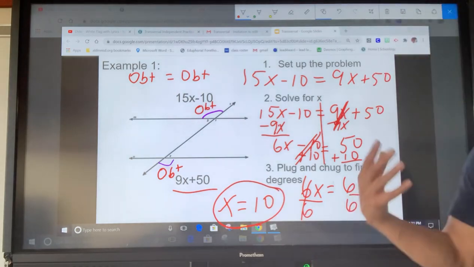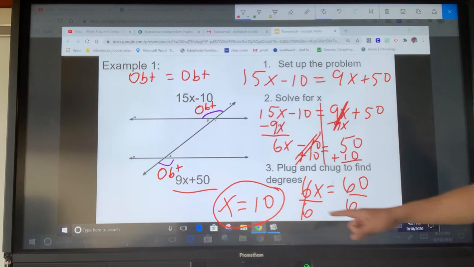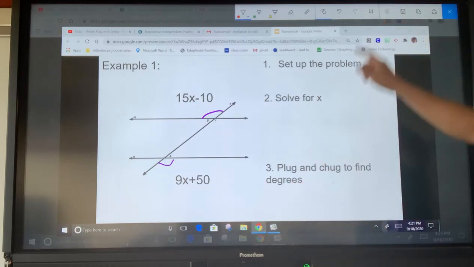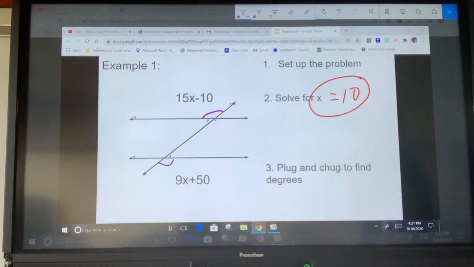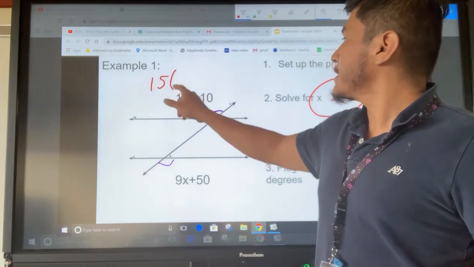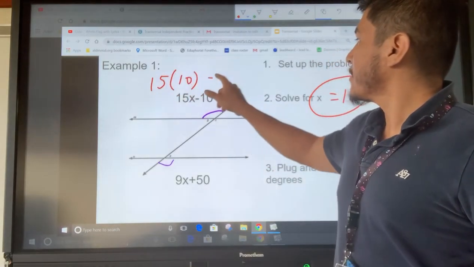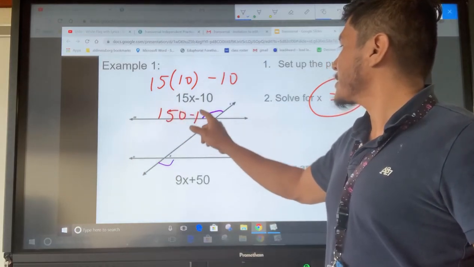Sometimes they're going to ask you to find x, sometimes they're going to say, what's the angle? So keep this in mind, x equals 10. If we need to know what the angle is, 15 times 10 is 150 minus 10.